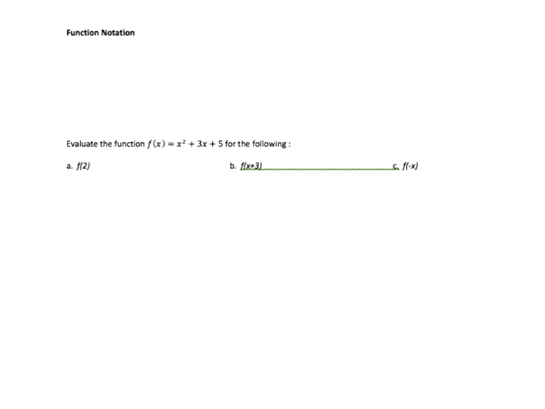Function notation. The whole idea of function notation is that f of x is equal to y. Okay, so let me clear up a couple things about this part of the notation. This is absolutely not multiplication.